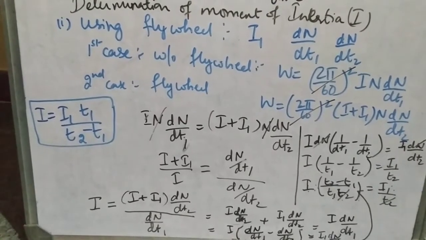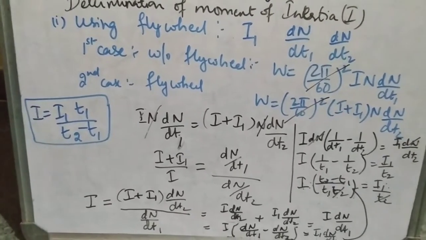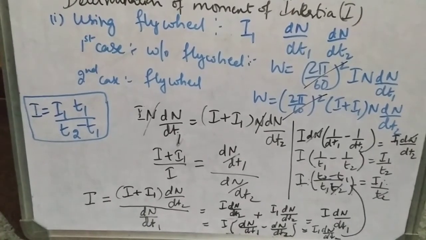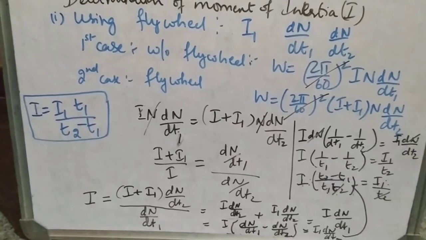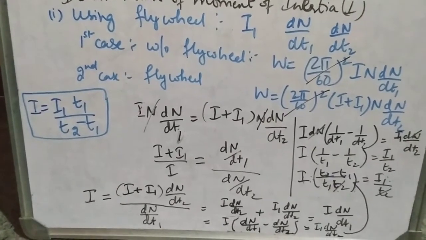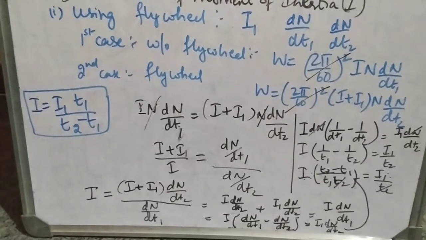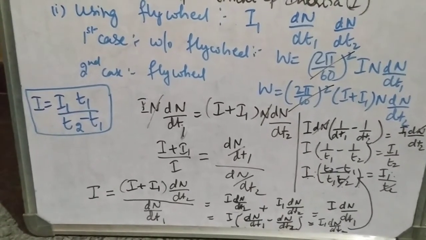In that case, as I told, we include that resistance RL, an additional resistance which provides the retarding torque.